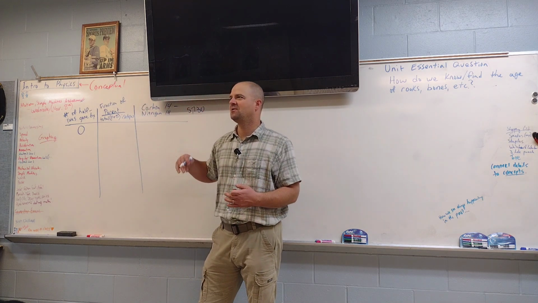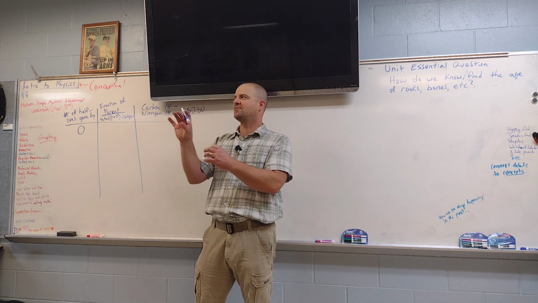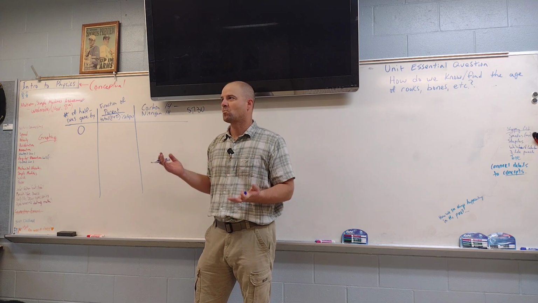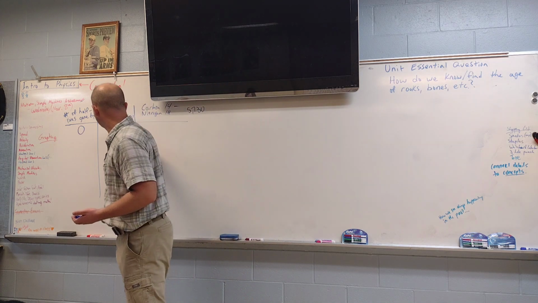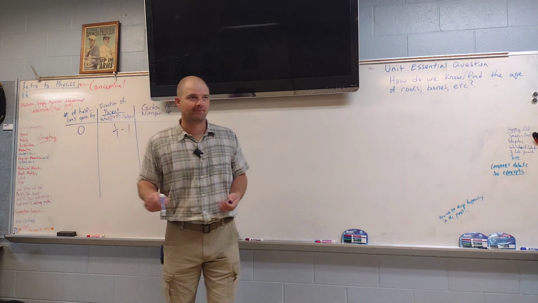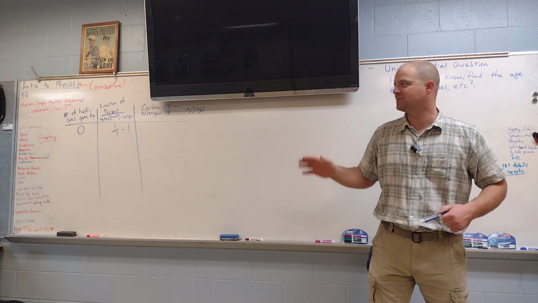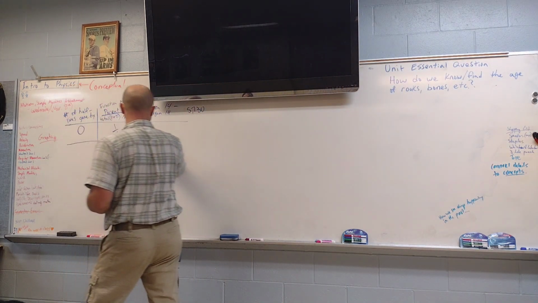None of it has decayed. So of all of the parent plus daughter isotopes, how many of them would be parents? All of them, right? None of them had time to decay. So our fraction would be 1 over 1 or just 1. If you're not tracking yet, that's okay. Most of you are just trying to copy down. Keep up with the copying down. So that's going to be our first real row.